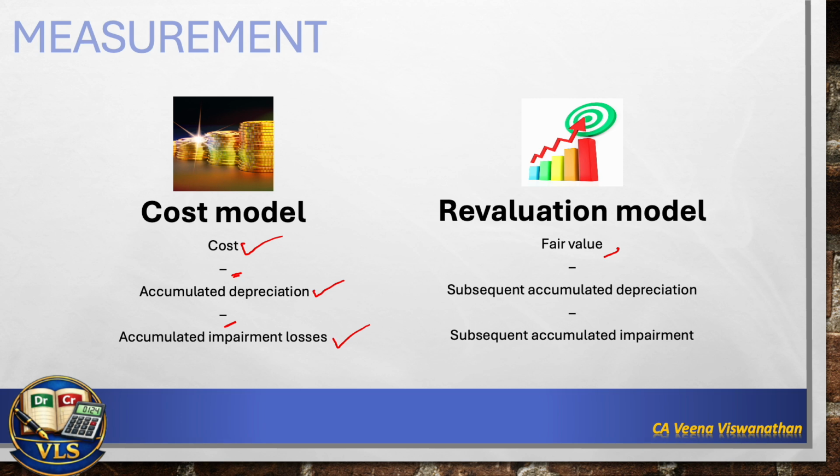Companies choose the model based on their accounting policy, and they must apply the chosen model consistently to an entire class of assets. So, in summary, after initial recognition, an asset can either stay at cost or it can be revalued to reflect its fair value, depending on which model the company adopts.